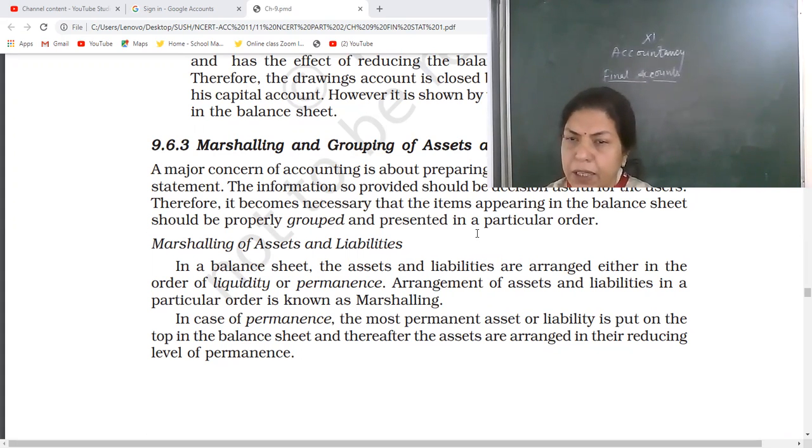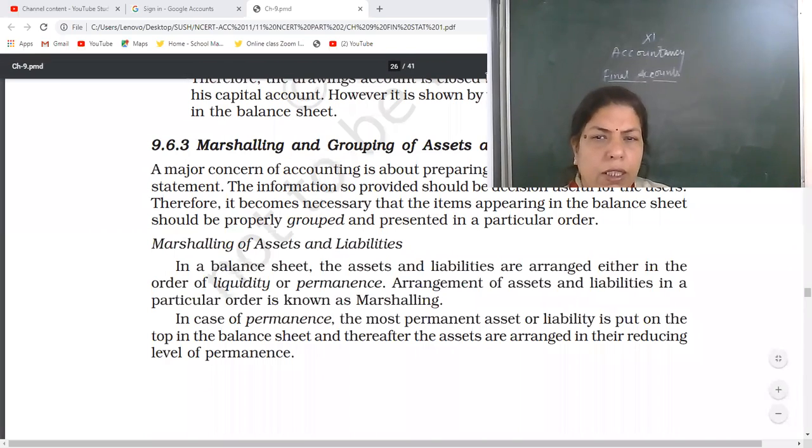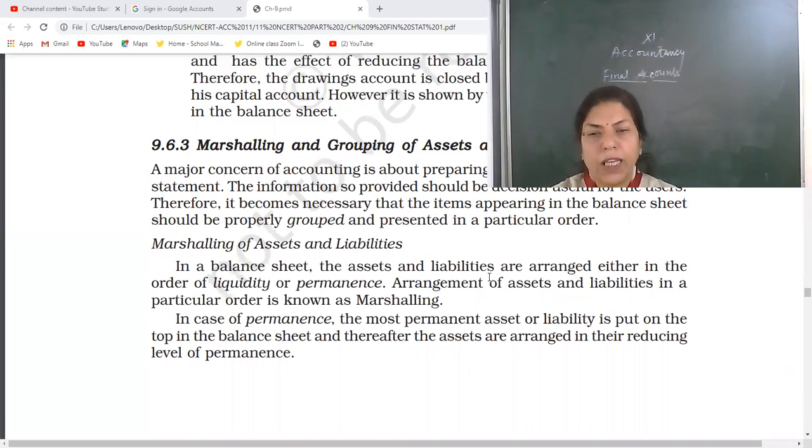Why do we prepare financial statements? To give the information to the users. Various users are there, those who use financial statements, and they will do the analysis. Now what information will they get, and who are the users? See, my dear children, they will come to know about profitability and financial position of the organization through the financial statements.